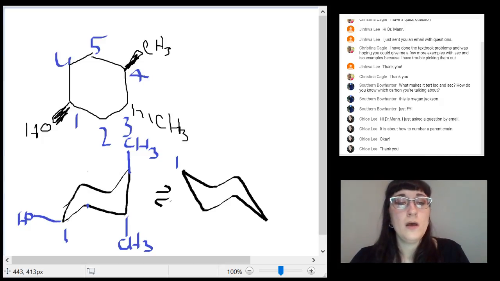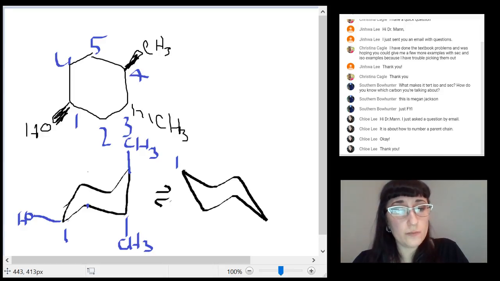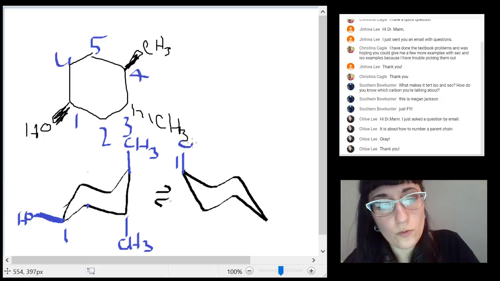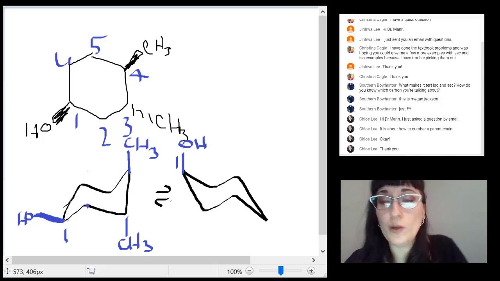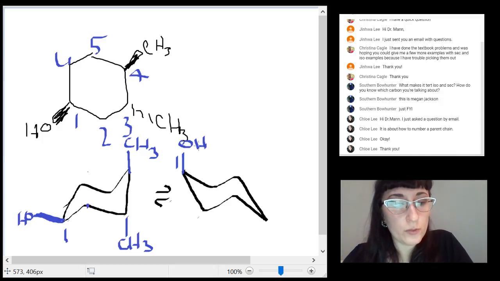Now, when we do the chair flip, that OH that was on the equatorial position is now axial, but it's still pointing up, right? So still pointing up, just different. Carbon number 2's right there, 3's right there.